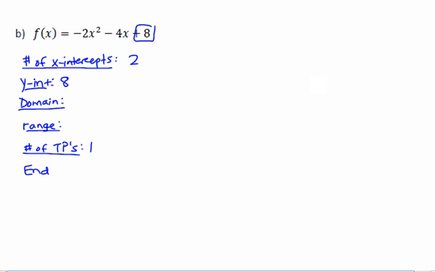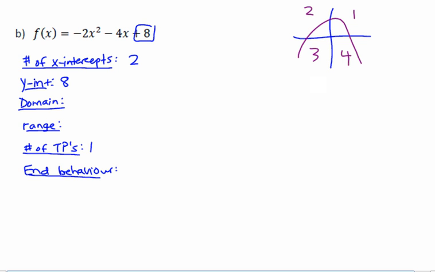So how do we figure out end behavior? Look at the leading coefficient. It's a negative. So what does a negative quadratic look like? Opening down, so it's going from quadrant 3 to quadrant 4.